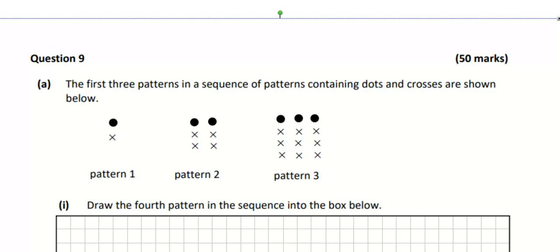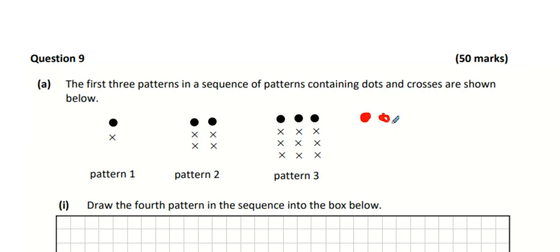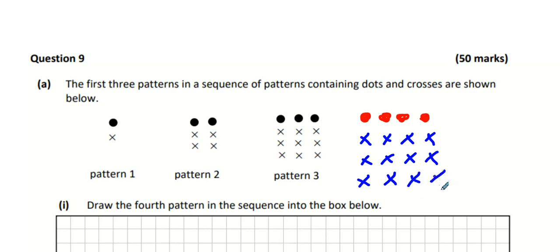All right. You have some sort of pattern going on here, and I have to draw the fourth sequence. So here we go. 1, 2, 3, 4. Everybody happy enough with that?